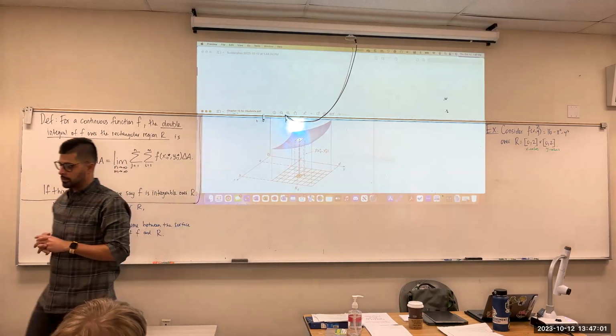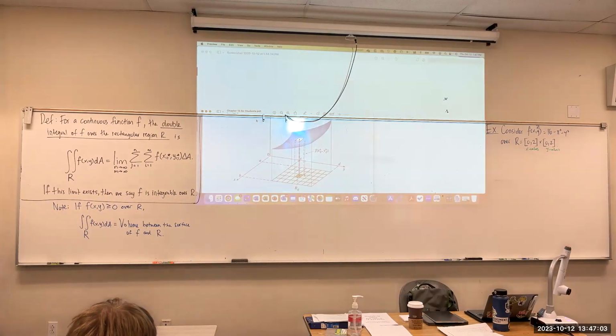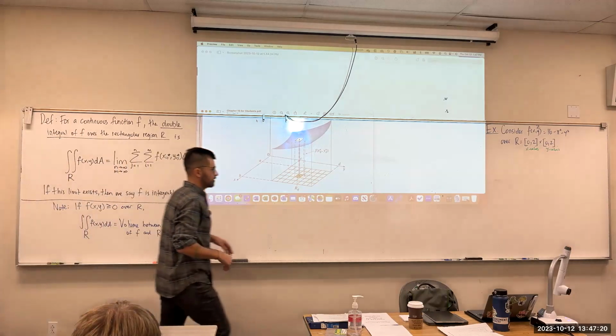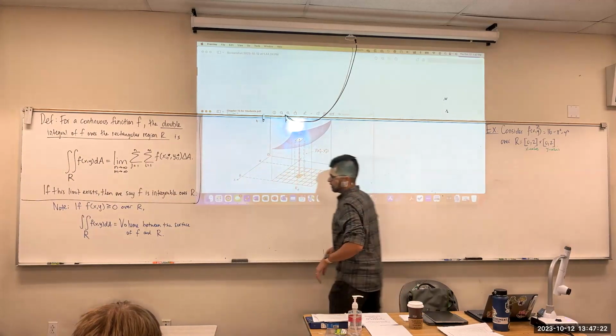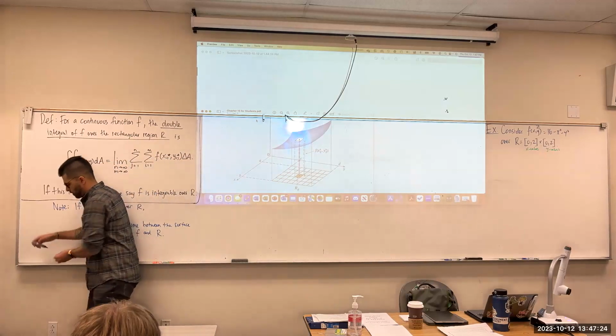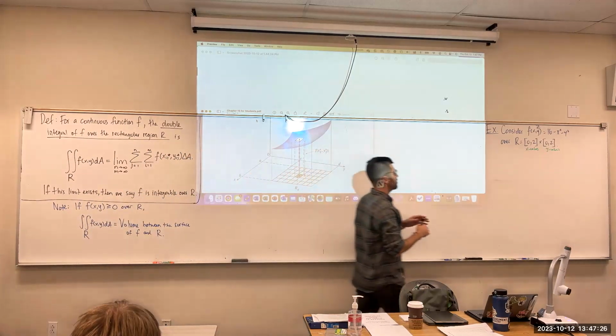Let's see. And you guys see good shapes? So what is the surface going to end up being? It's going to be a paraboloid, because the traces are just a bunch of parabolas.